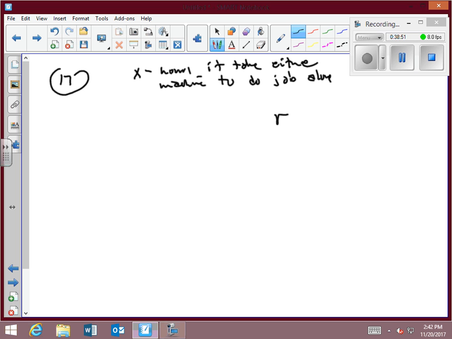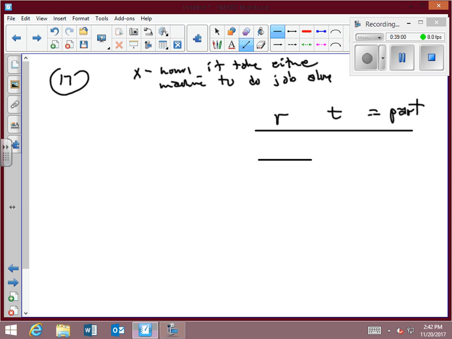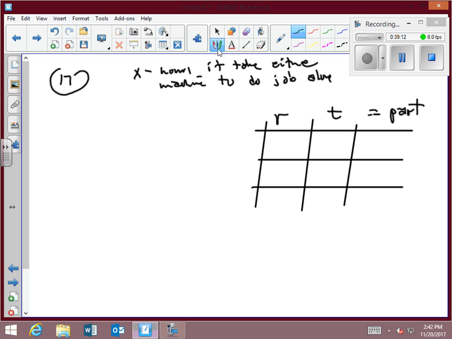We have rate times time equals part of job. There are two machines, so the only difference is the first machine and the second. And their rates are going to be what?